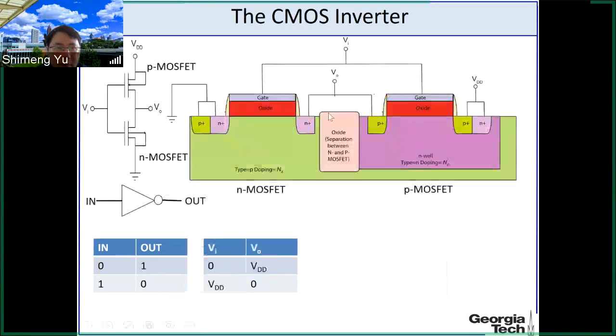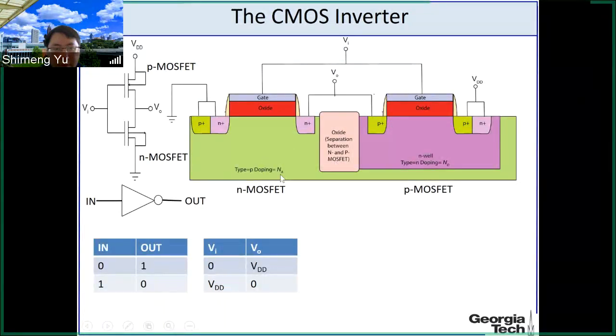So the circuit symbol of the CMOS inverter is like this. And if you look at the actual device structure, if you make that onto the silicon, you have this kind of cross-sectional view of the NMOS and PMOS. You have seen this kind of structure in the previous lecture 11.